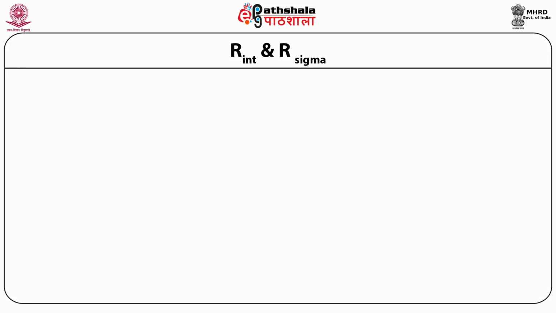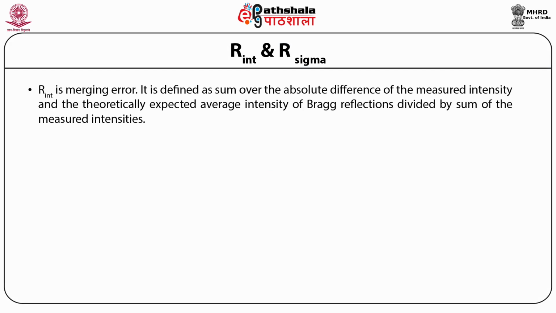Rint and R sigma are other parameters one has to check while solving the structural data. Rint is a merging error, which is defined as the sum over the absolute difference of the measured intensity and the theoretically expected average intensity of Bragg reflections divided by the sum of measured intensities.